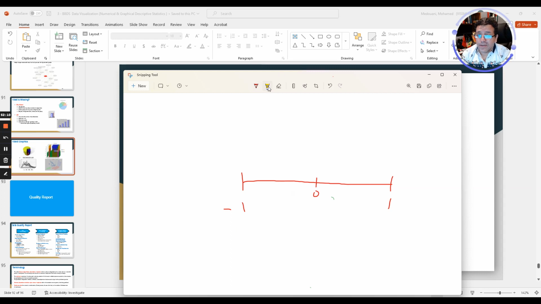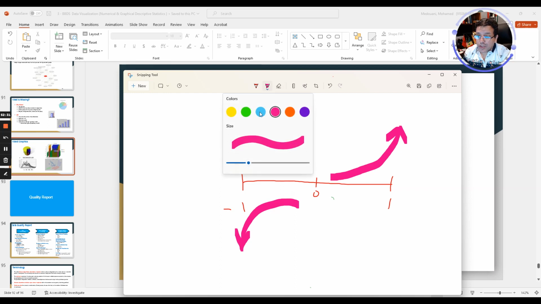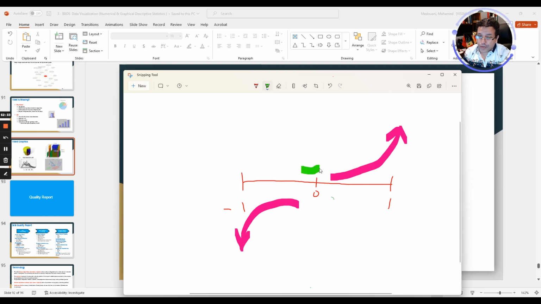If the value of the correlation is above 0, it's positive correlation. If it's below 0, it's negative correlation. If it's closer to 0, it's neutral.